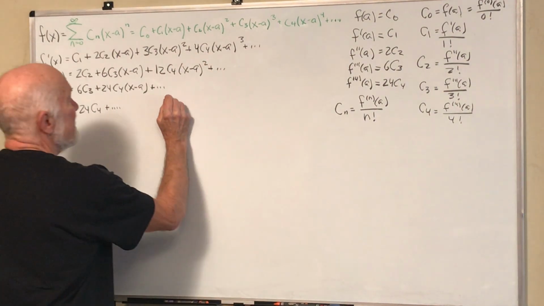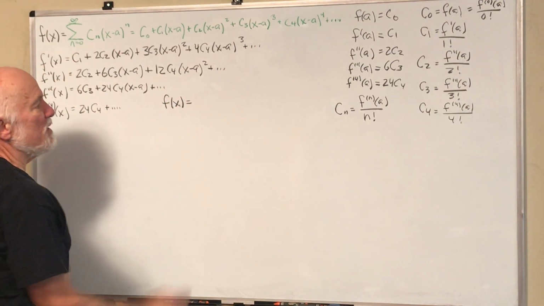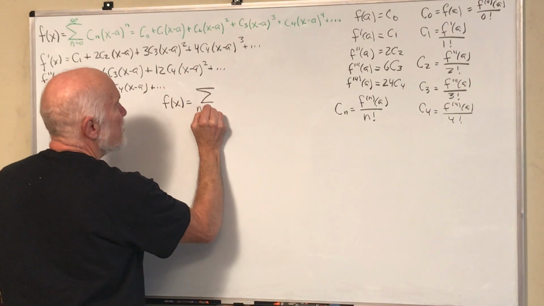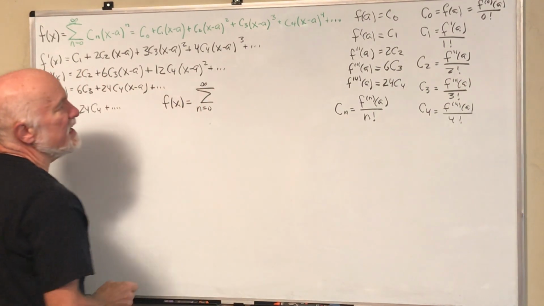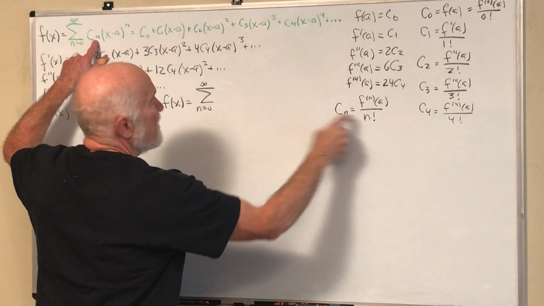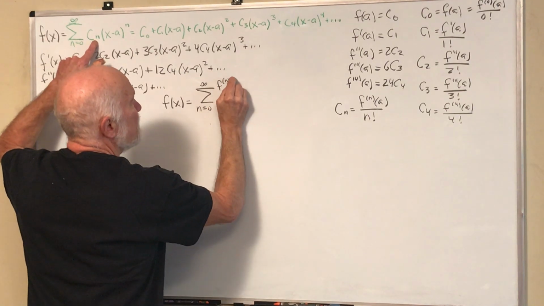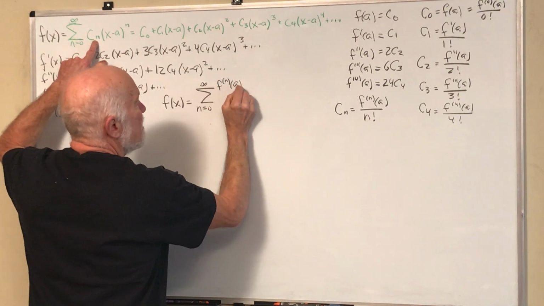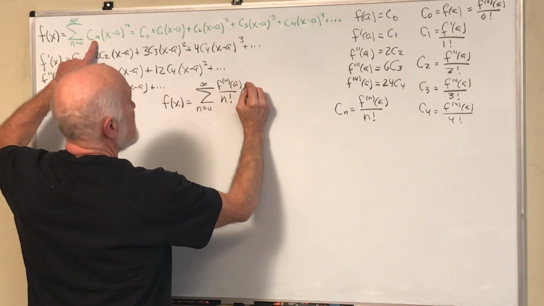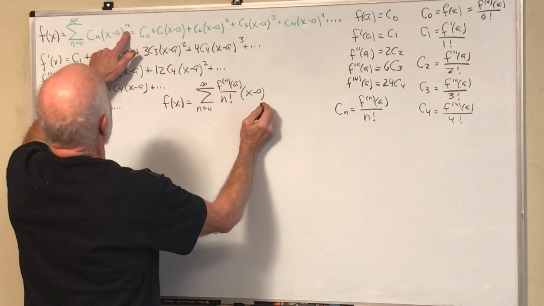So what we have then is f of x can be written as the summation from n equals 0 to infinity, and now we know what these c sub n's are. There they are. They're the nth derivative at a over n factorial times (x minus a) to the n.